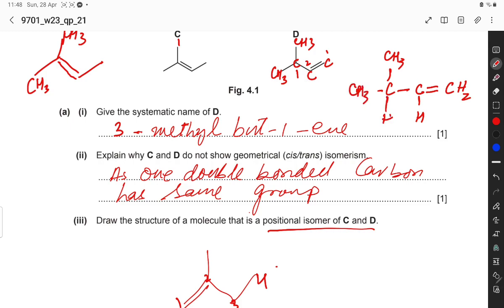This is a compound like this, and this is like this.